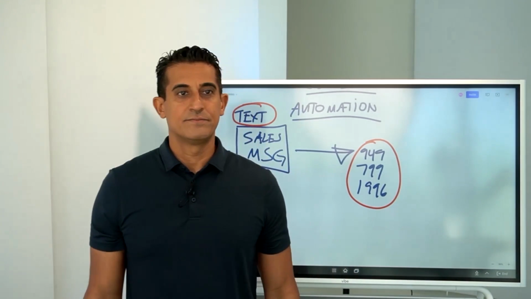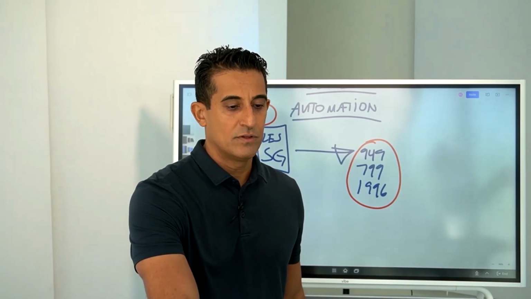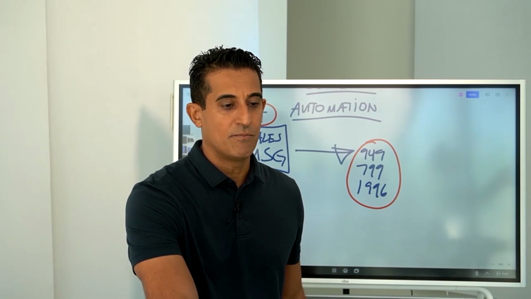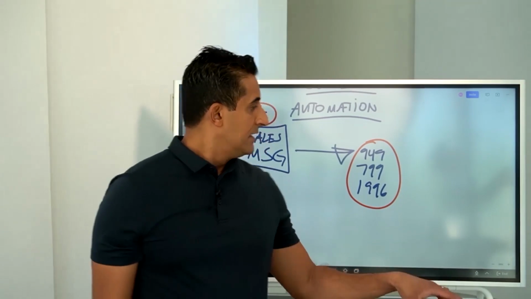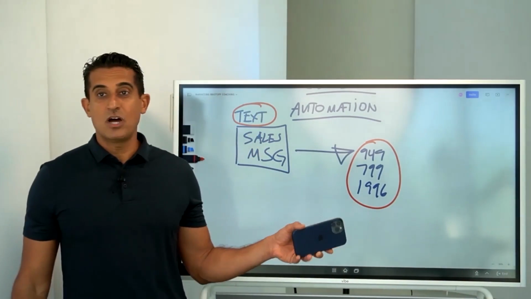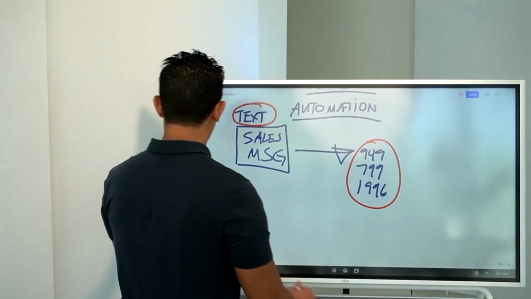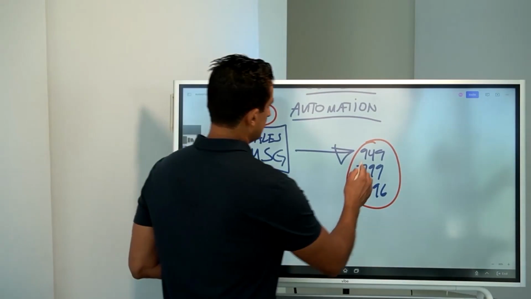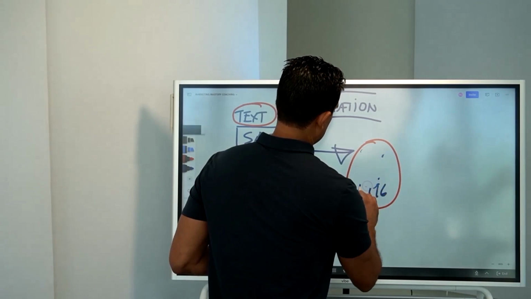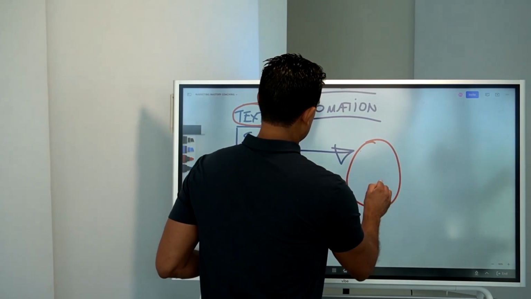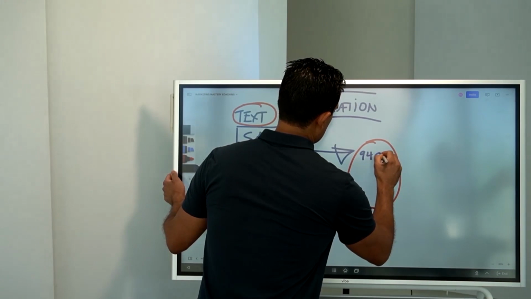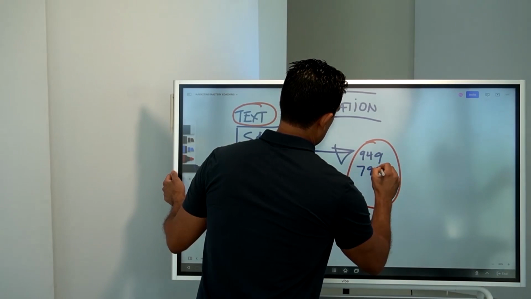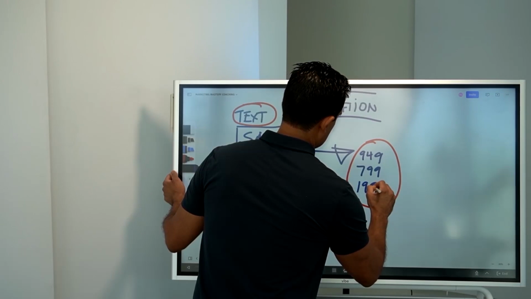If you want to try this out right now, you should do it. Text the word Botox to that number, and you could see it. Just to make this a little more legible, it's 949 799 1996.